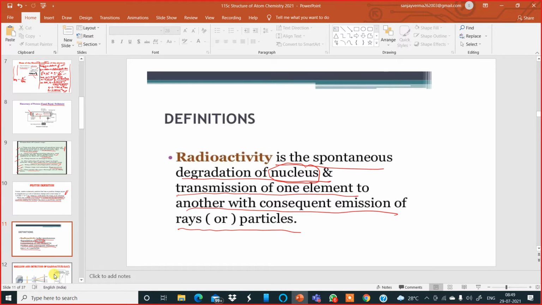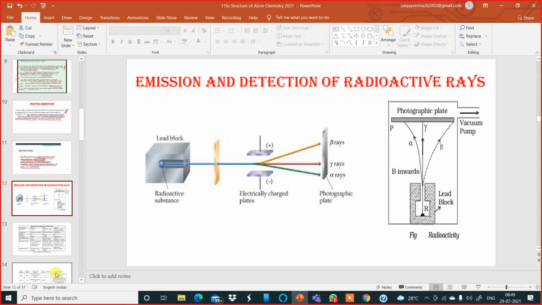Depending on that, moving further, emission and detection of radioactive rays. This is a diagram which we have seen in class 10 also, where in a lead block chamber, a radioactive substance is placed, and as soon as the chamber is opened, emissions start coming out. Radiations come out. So alpha radiations come out, gamma radiation is not deflected, beta radiation is deflected.